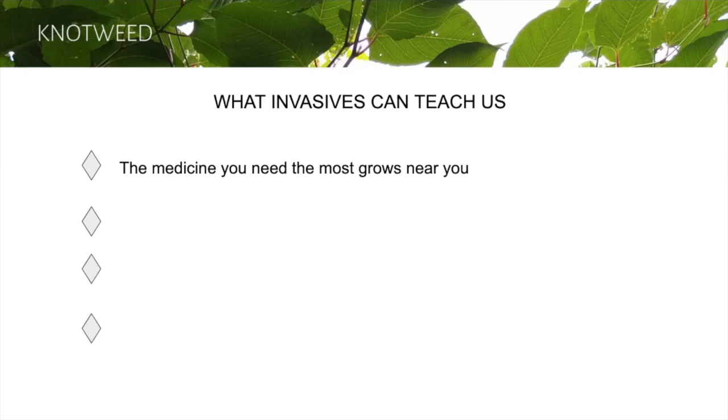So if you see knotweed growing all around you, it's a signal that this plant can teach you something, that this plant has something to offer you. Same with other invasives, and really this applies to all plants and even beyond plants, into all things. This belief that what you need is with you, and that you don't need to go too far searching for it.